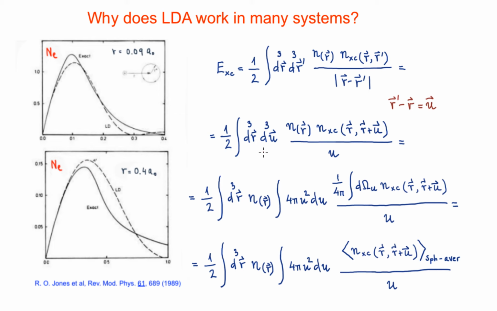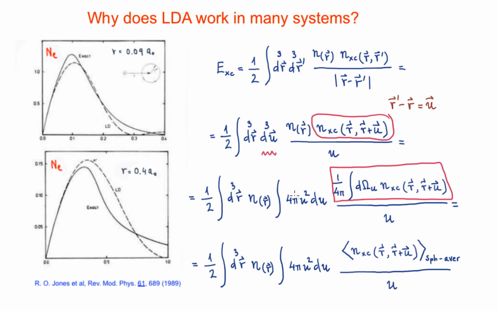So when we are doing the integral with respect to the solid angle of the u vector, you just need to do this integral on the exchange and correlation hole, because in the denominator it just depends on the modulus of u. So that's what we have done here. We are making the solid angle integration on the exchange hole, and the remaining integral on the u vector is here.